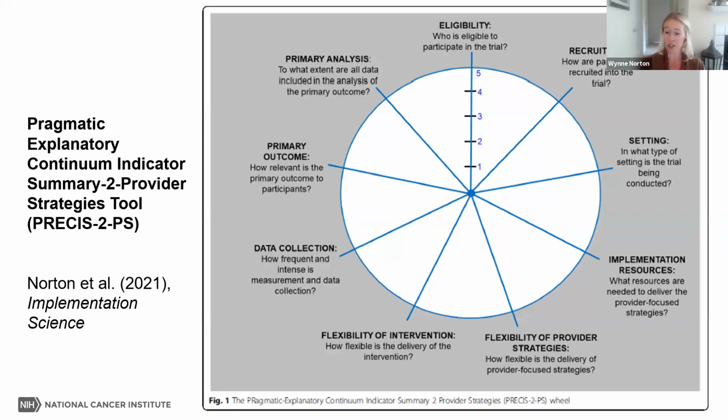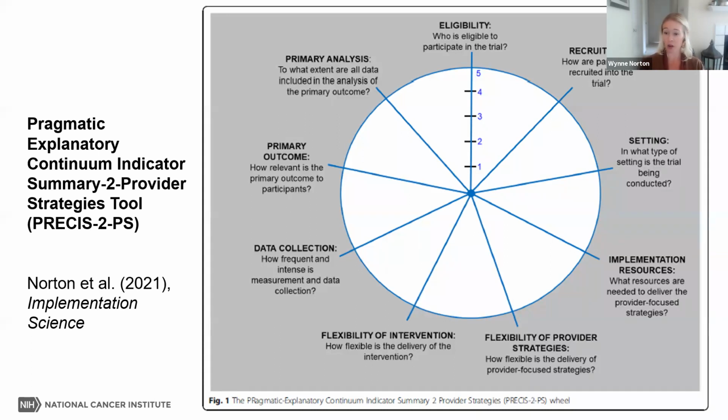Flexibility of provider strategies is the same again, but bumped up a level. To what extent are those strategies, which to date are often delivered by research teams charged with doing that within the trial, flexible? Can you have some flexibility in how frequently those strategies are delivered? How much time is being used for technical assistance?